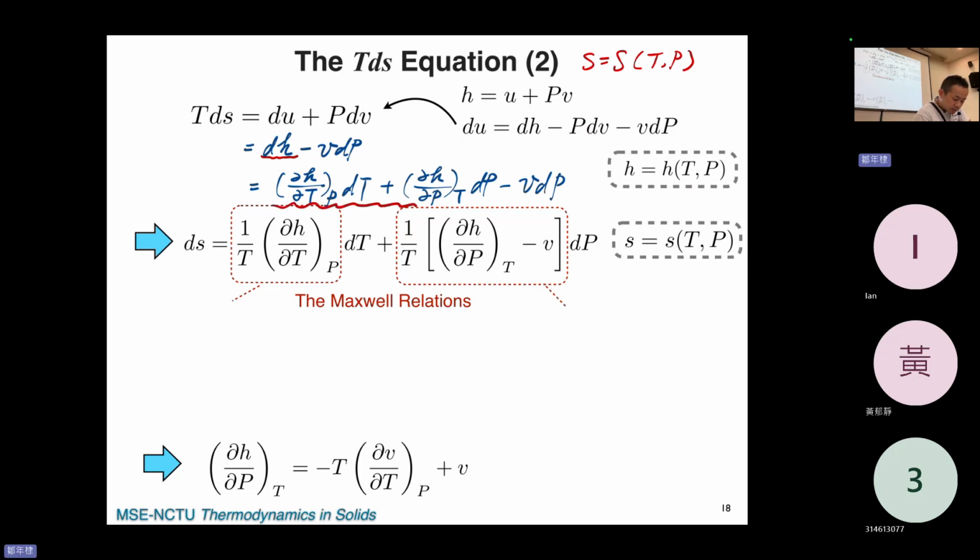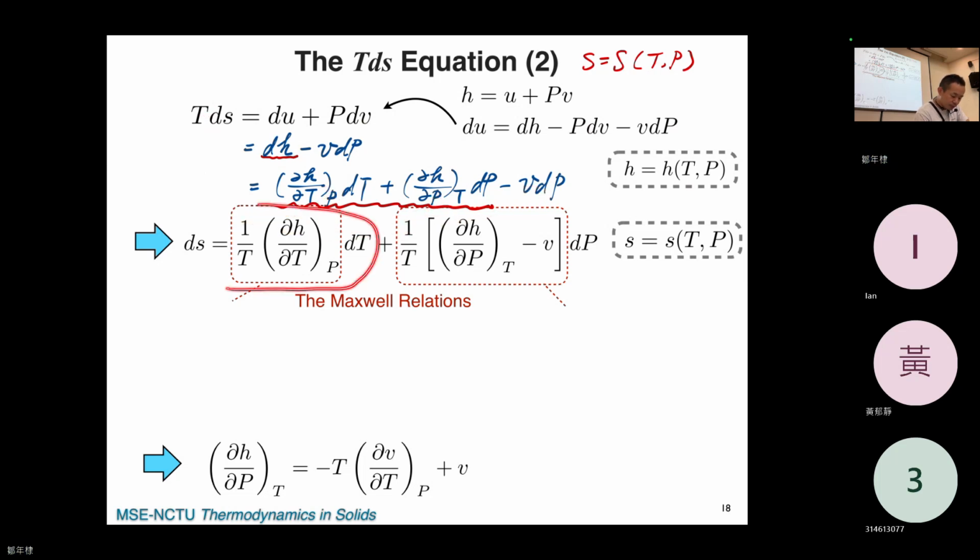These two terms are exactly the change of H, with dT and dP as two contributions, exactly what we did for dU in the previous page. Then we move to the right-hand side.